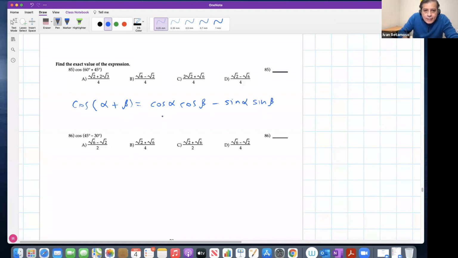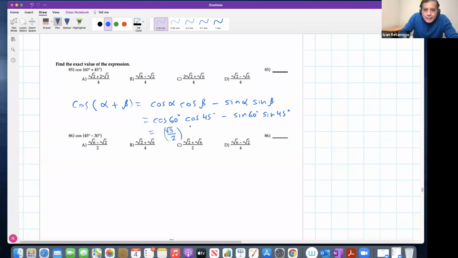Then just do it, right? Cosine of 60 degrees, cosine of 45 degrees, minus sine of 60 degrees, sine of 45 degrees. Cosine of 60 degrees, if you look at the unit circle, you're going to find out that this is 1/2.